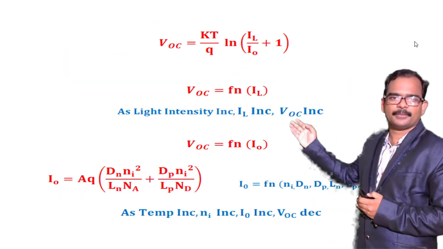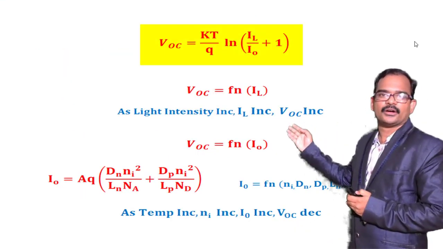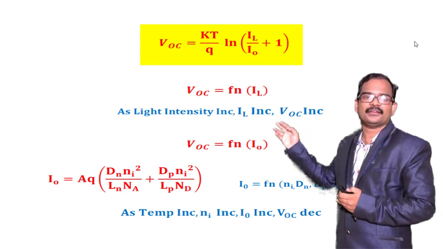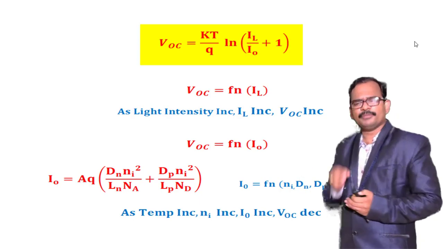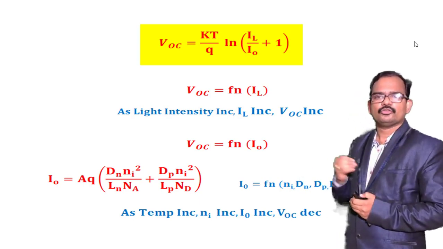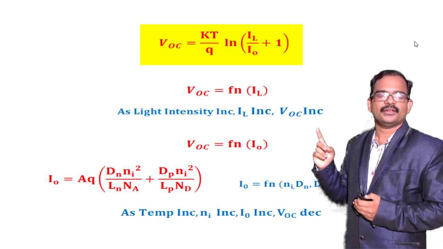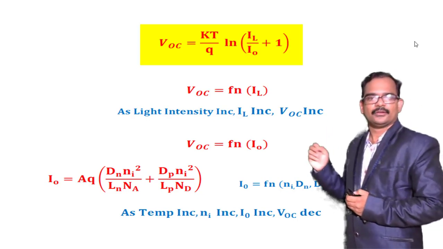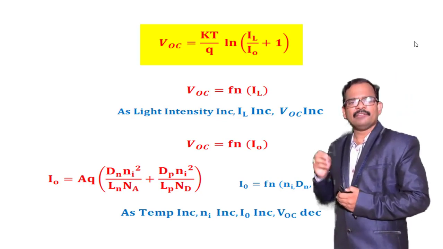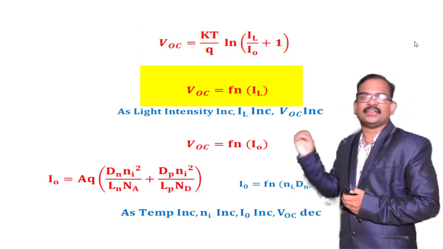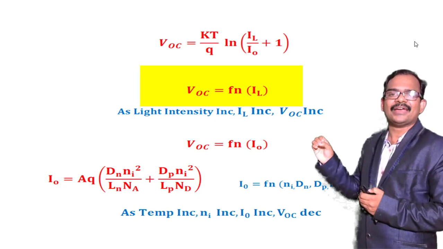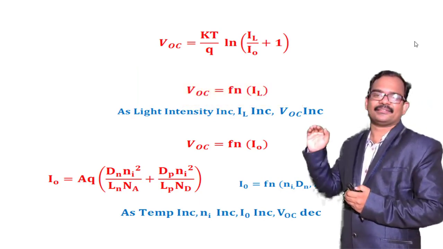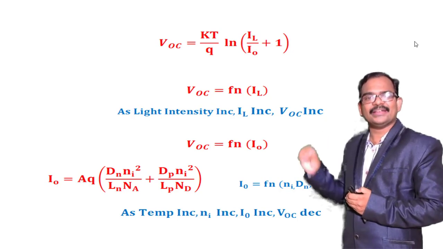So VOC is nothing but kT by Q ln of (IL by I naught plus 1). This IL is nothing but the IP, that is the photon current. So this VOC depends on two parameters here. The first one is IL and the second parameter is I naught. Now let's see what the concept is here. VOC is a function of IL, or IP, which is the light generated current. As the light intensity increases, the IL value also increases.